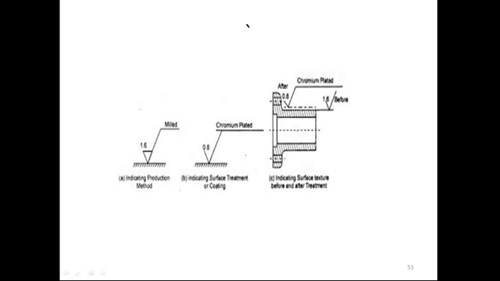Now friends, here we have shown one more example, for when you want to show a particular operation to be performed on surfaces. Here is an operation indicating production method. When you want to mention some kind of production method over a surface, because sometimes different operations or different processes are required on different surfaces.